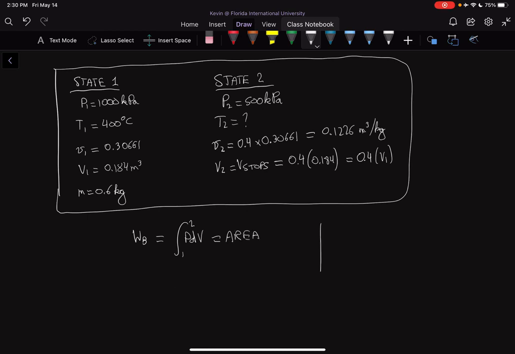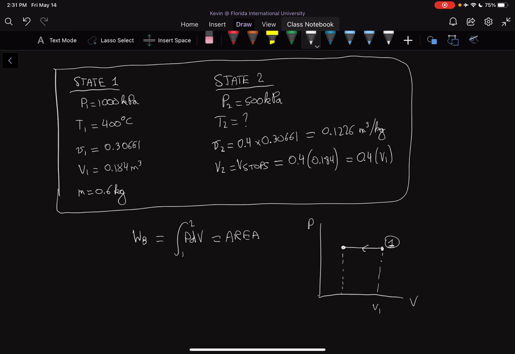If we draw a PV diagram now, we know that the piston moved all the way down to the stops. We started with state 1 at volume 1, and we moved along a line of constant pressure until we reached the stops.